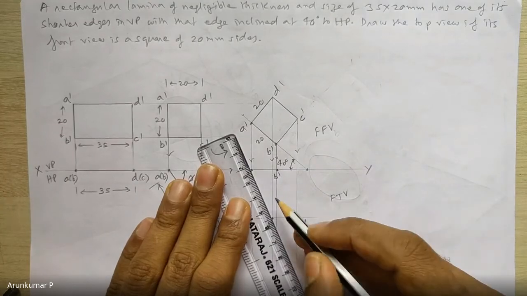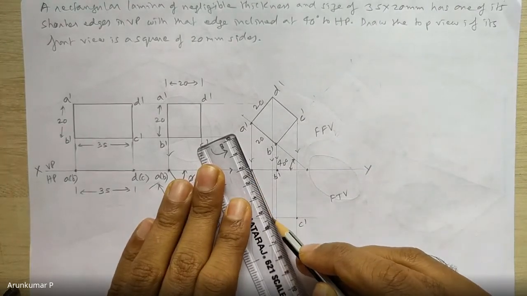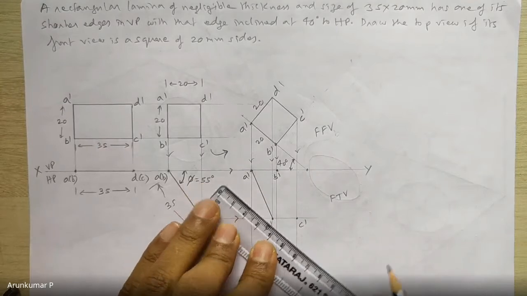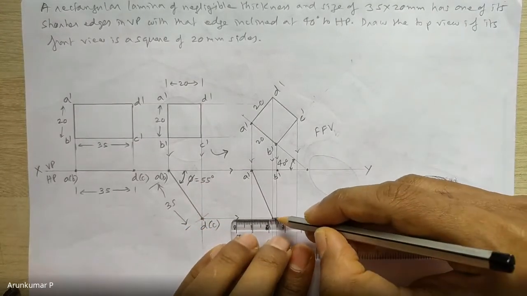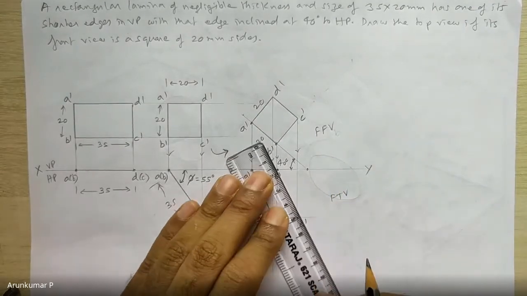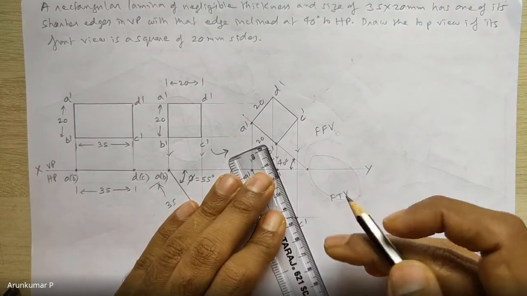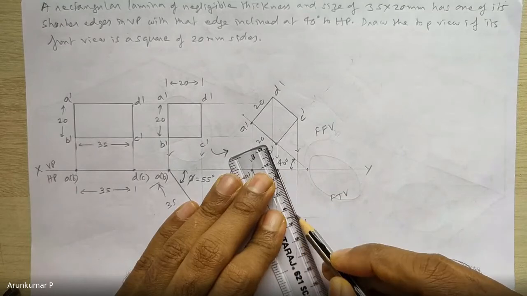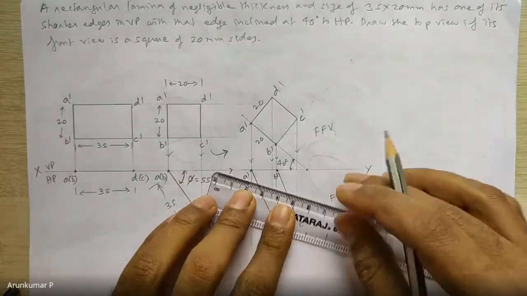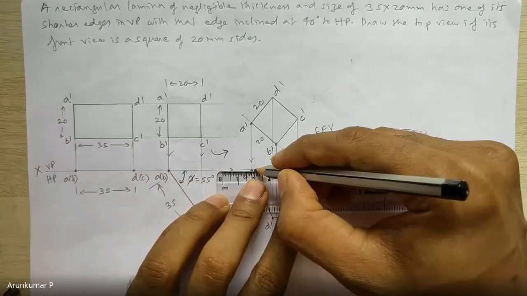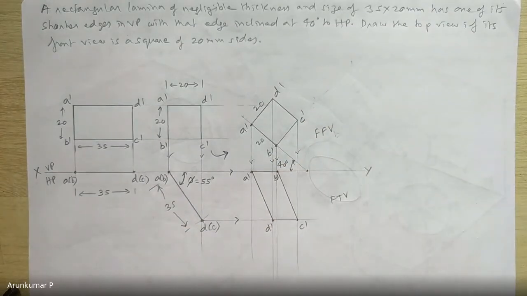So you will get a parallelogram kind of a shape. It won't be a rectangle or a square. It would be a very odd shape. This would be your final top view.